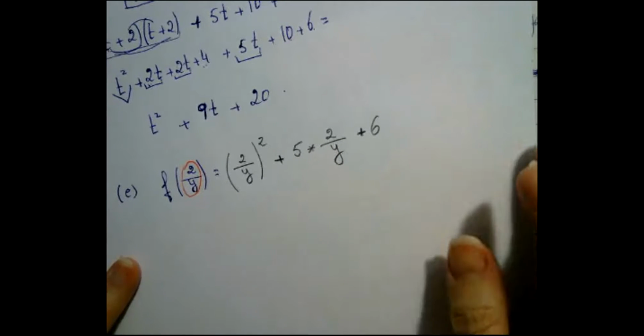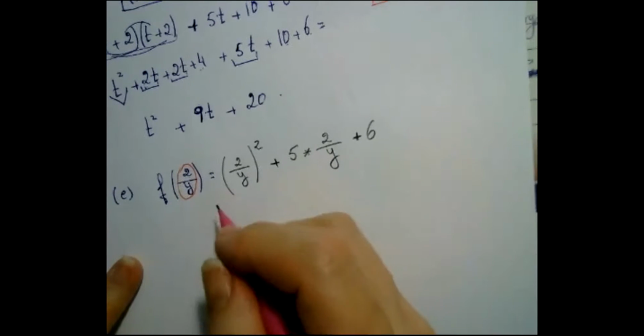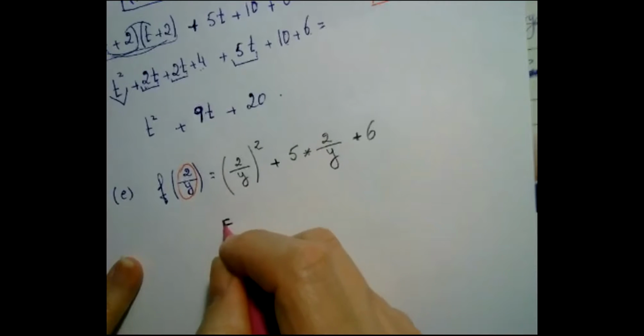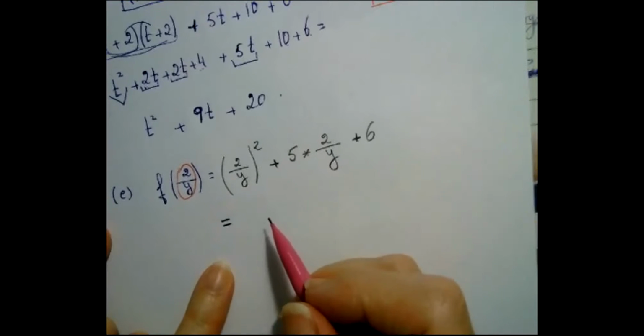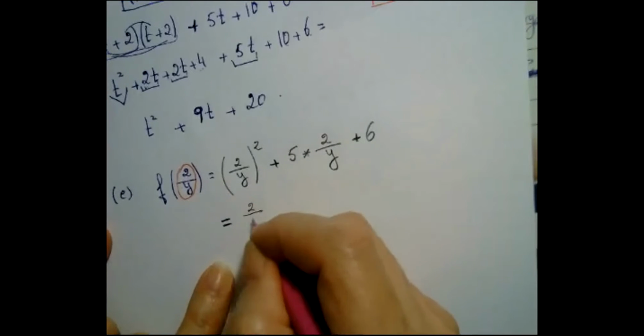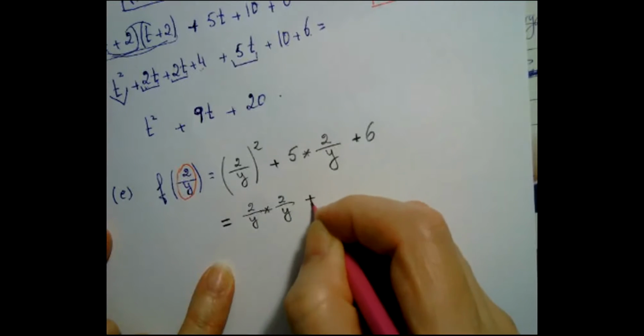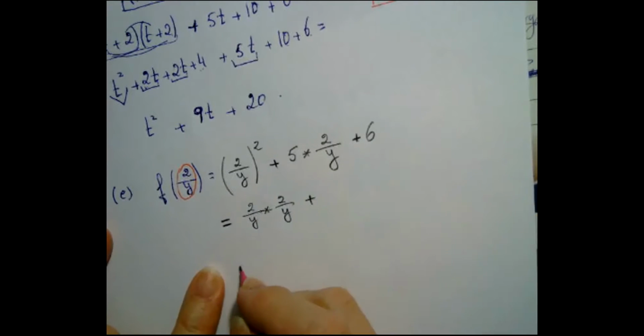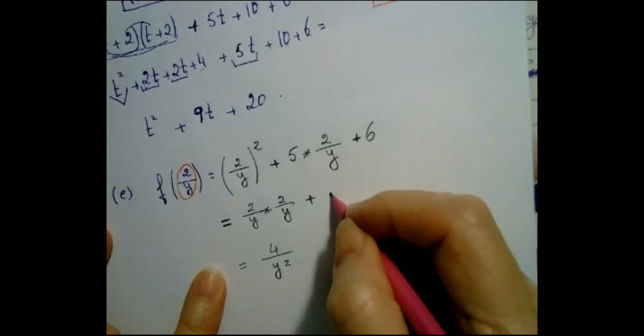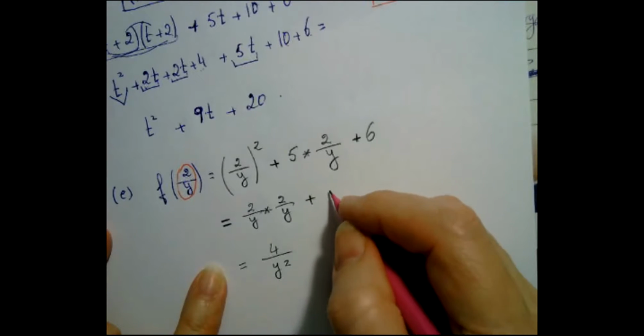You're going to put 2 over y times 2 over y, and that's going to give you 4 over y squared. And then for the 5 times 2 over y, I got 10 over y.